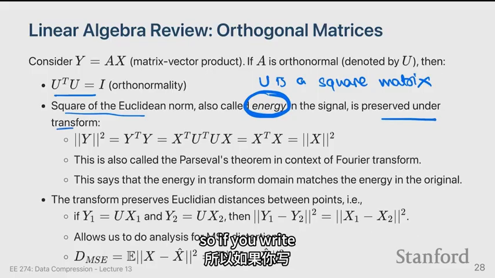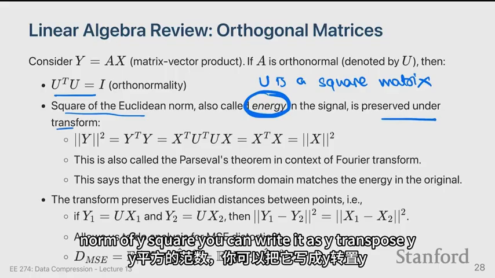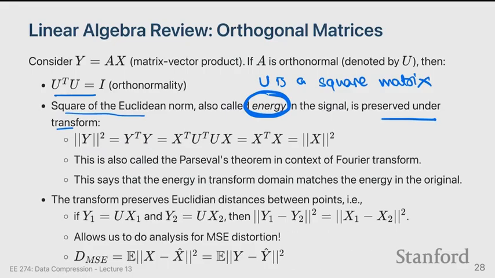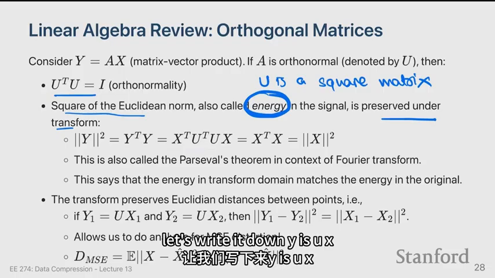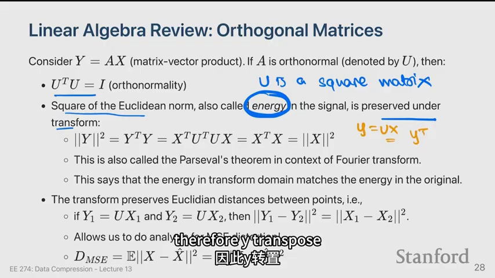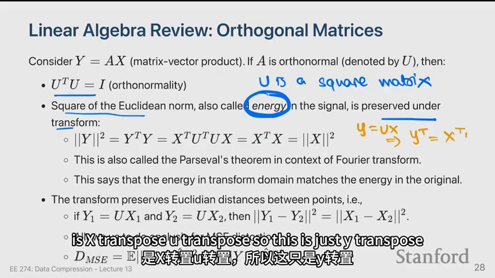If you write norm of y squared, you can write it as y transpose y. This is just the definition of the norm. Y is just Ux, therefore y transpose is x transpose U transpose.